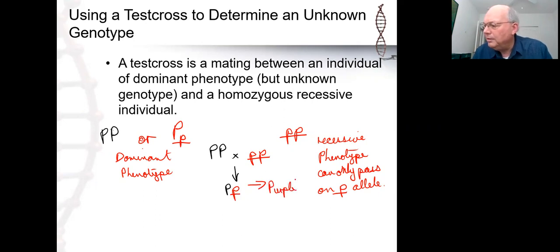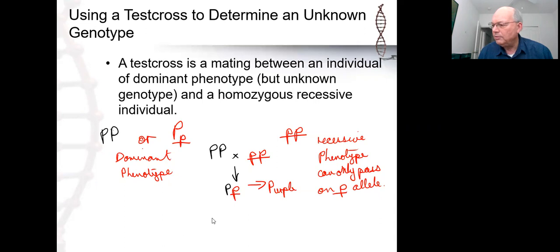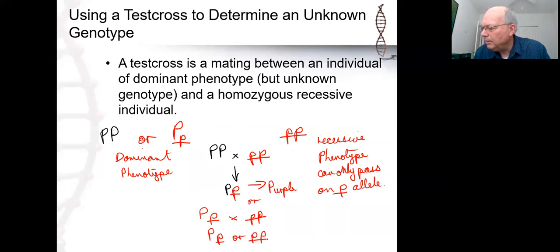If, on the other hand, move this box out of the way, the individuals in big P, little p, then you're going to get a big P with a little p, or you're going to get a little p with a little p.